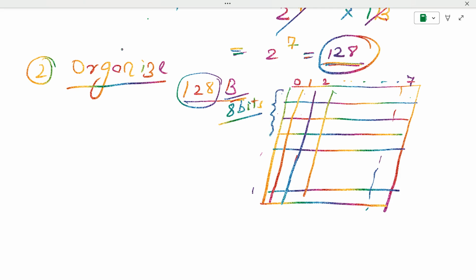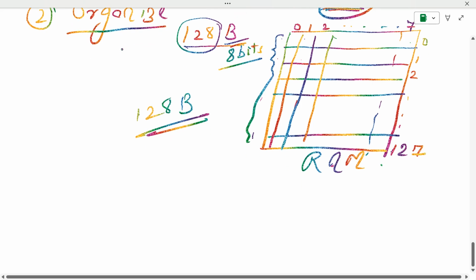And altogether how many rows will be there? It will be 0, 1, 2, so on up to 127. So altogether 128 rows, and each row holding 8 bits of data. So this is the case of RAM, that is, a 128 byte RAM.